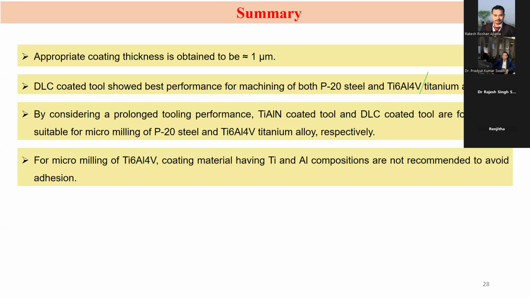That means how we will relate this micro milling with semiconductor applications, majorly chip applications. Actually, you have seen in the chip there is an array of pins. Obviously, if the area increases, then the heat transfer increases.